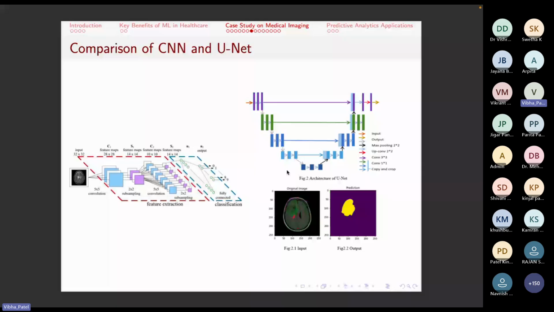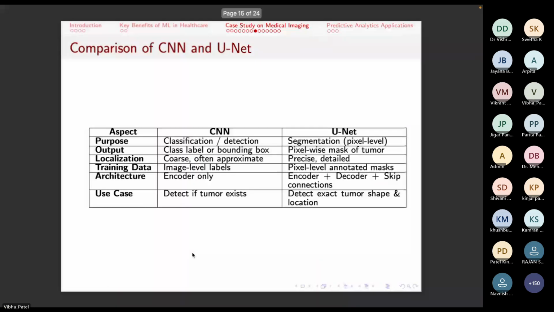You'll find that there is a sequence of pooling and convolution layers being integrated, and at the end the feature map is passed to a fully connected network, which in turn classifies the output for us. So this is the gist of what we have covered for CNN and U-Net.